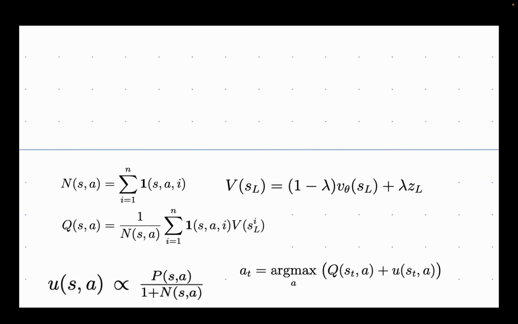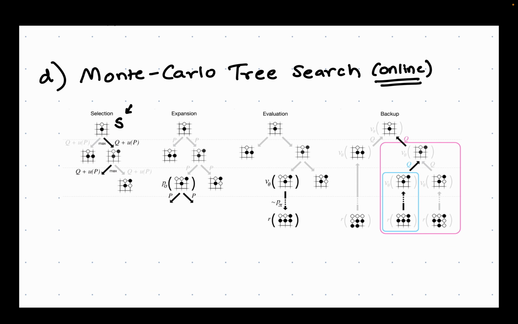When you start in this state, this is basically a leaf node L. A leaf node is basically a node which you haven't seen before.